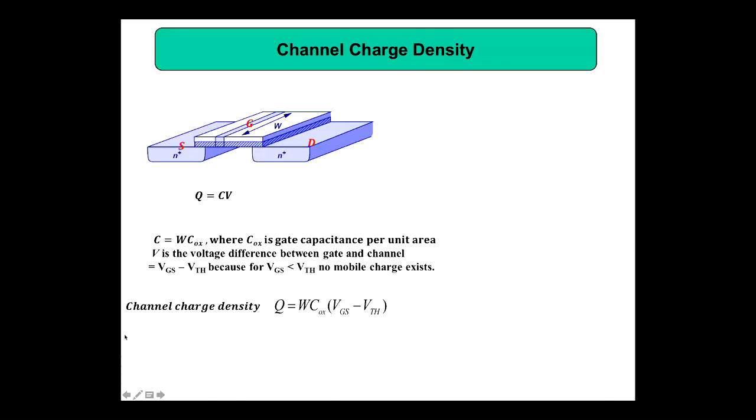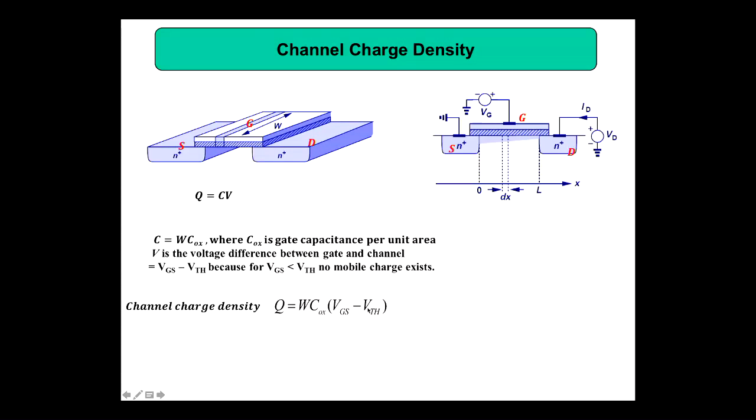Now channel charge density: we are going to find how much charge density is in the channel, which is equal to W into COX, which we already got, and Q equal to C into V. So we put W into COX here, and then VGS minus VTH, the voltage we are assuming, because we want your NMOS transistor to be on. But we already discussed that this is not correct.